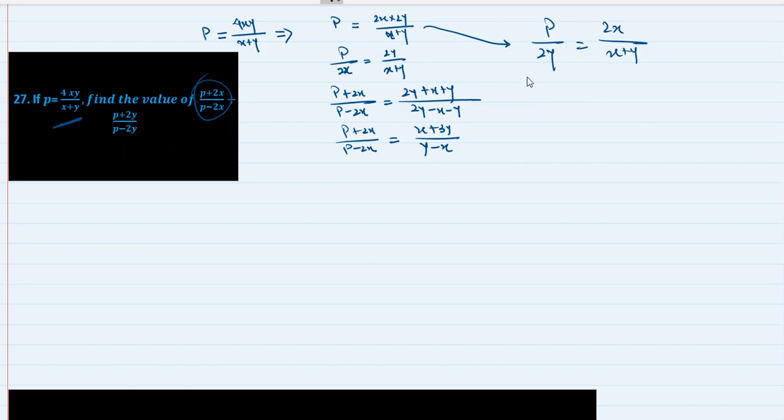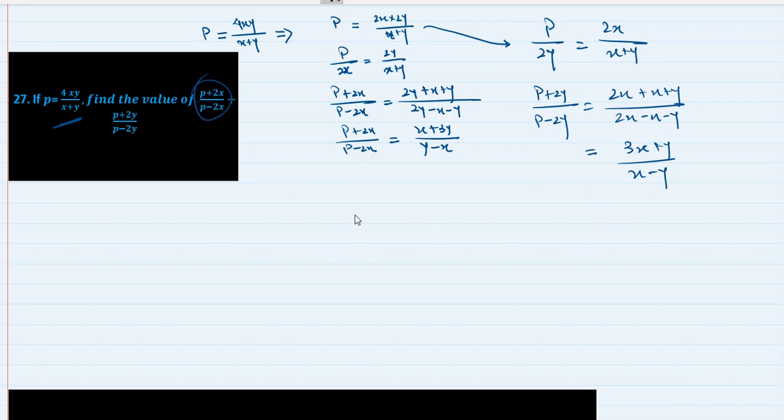Okay, now again applying componendo dividendo. So p plus 2y upon p minus 2y will be 2x plus x plus y upon 2x minus x minus y. So it will be equal to 3x plus y upon x minus y.